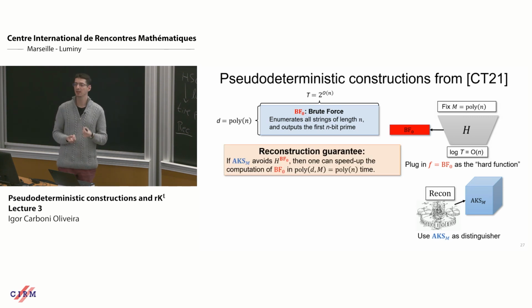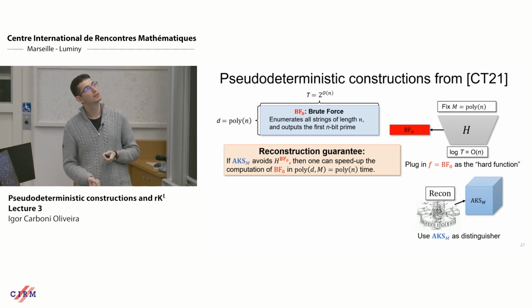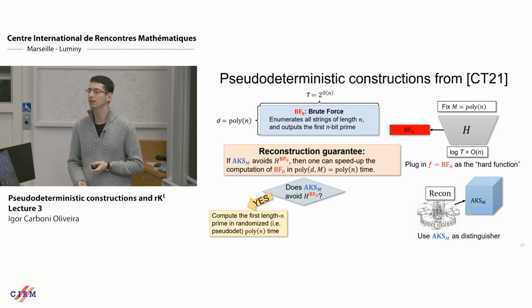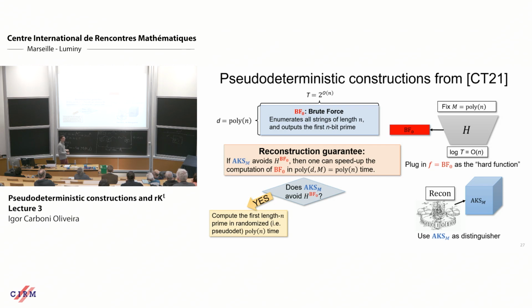Okay, let's do the two cases again, so let's recover the original result using this generator. In the first case, if AKS avoids the generator, then we can reconstruct the function in time polynomial in D and M, which for us is poly n. So in the avoid case, we again obtain a prime in time poly n.